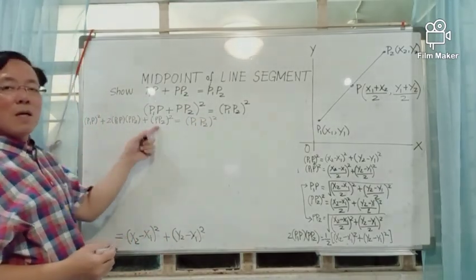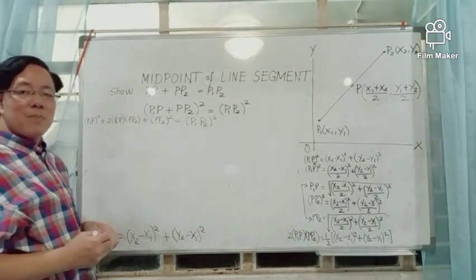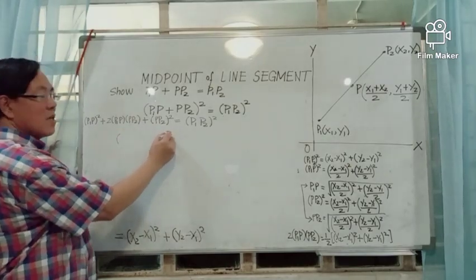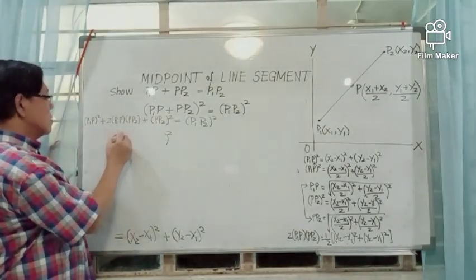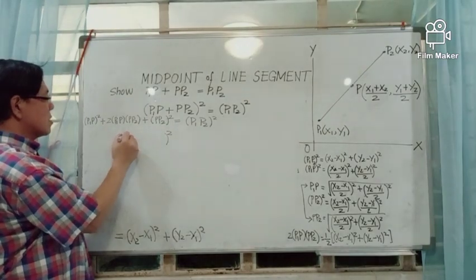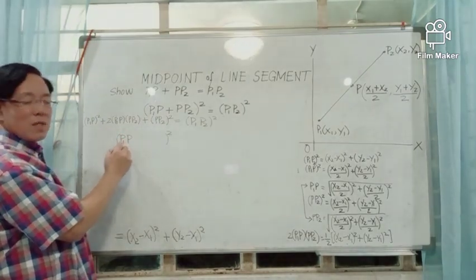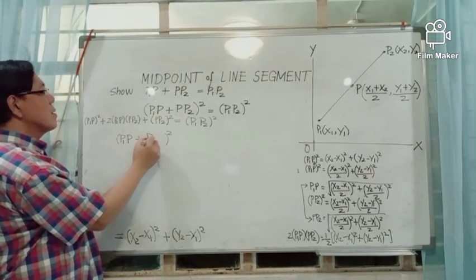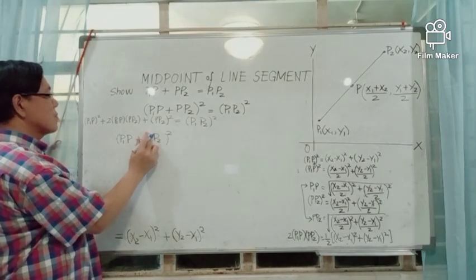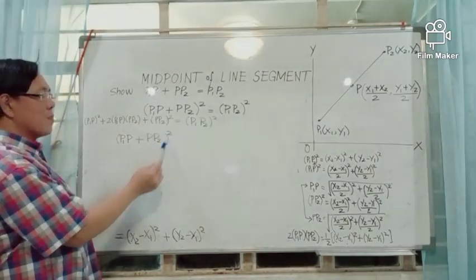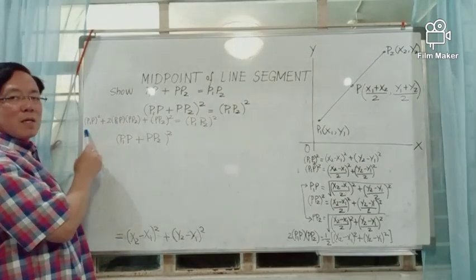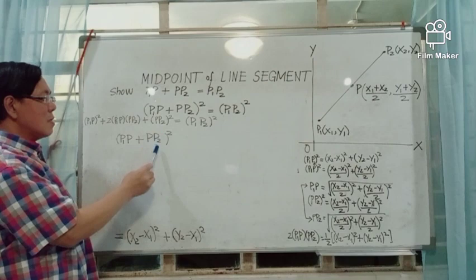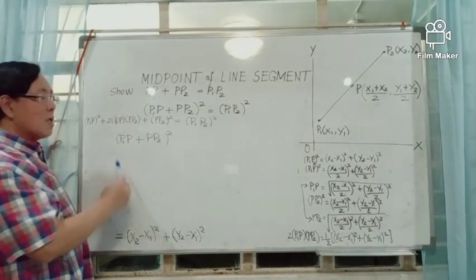And the left-hand side is a perfect trinomial which can be written as the square of a binomial with terms the distance between P1 and P, plus the distance between P and P2. The square of this binomial is given by this, or this perfect trinomial is equal to the square of this binomial.